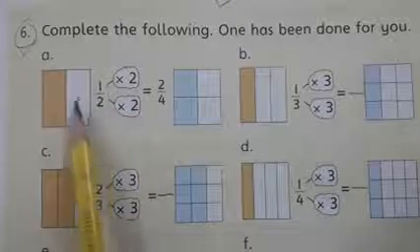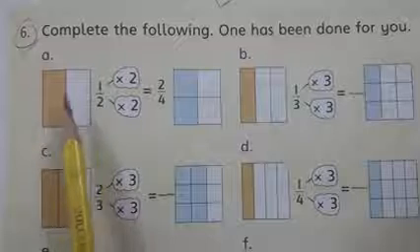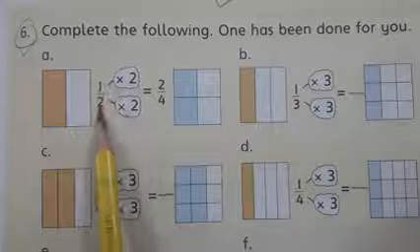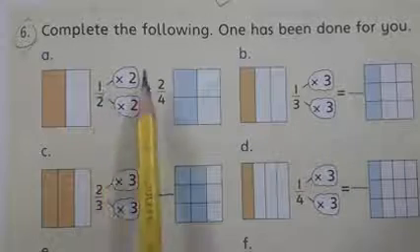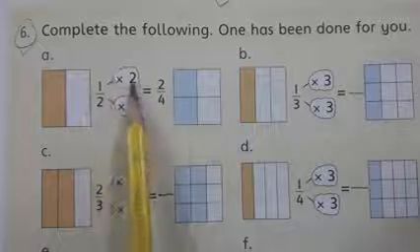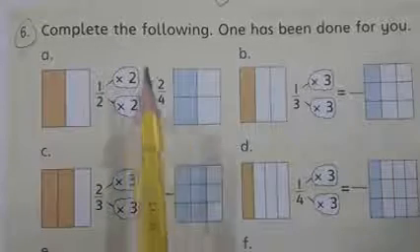First of all, you can see these fractions. 1 by 2. 1 and total are 1, 2. And as you know, in equivalent fractions, we multiply numerator and denominator with the same number. Okay?